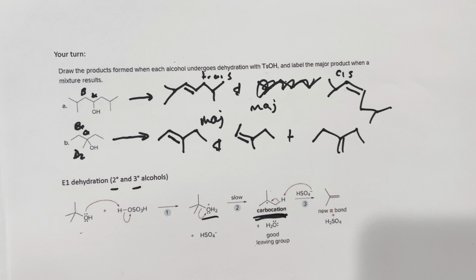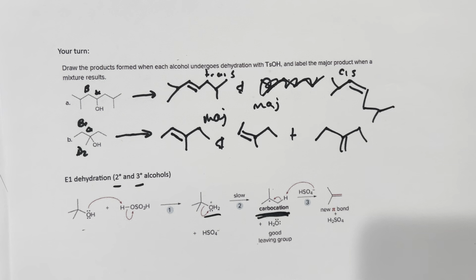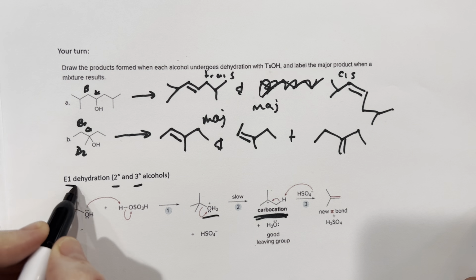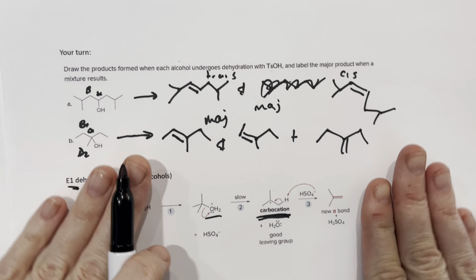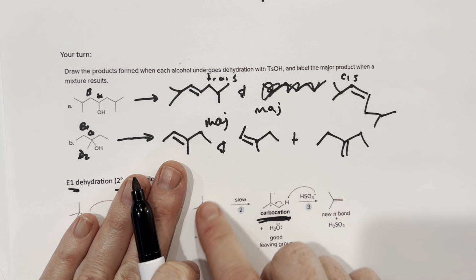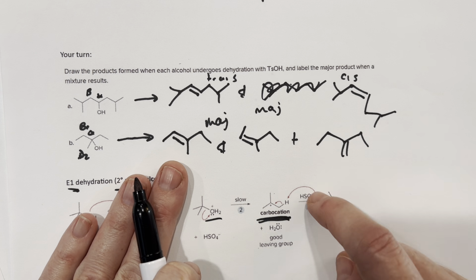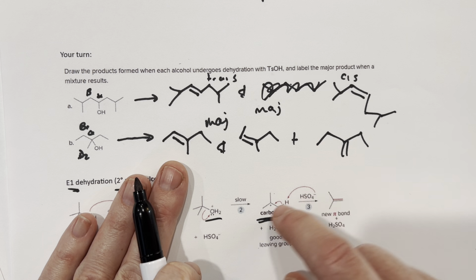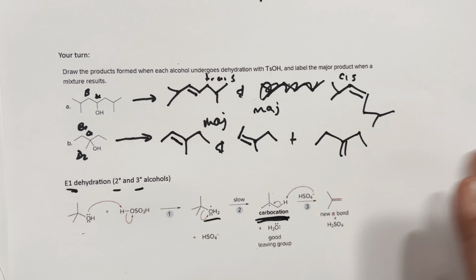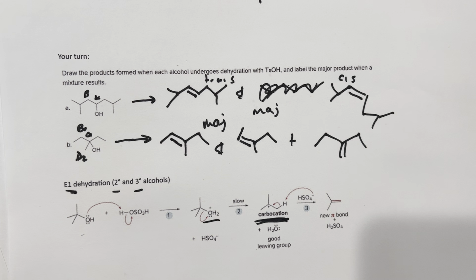Otherwise, it would still be positively charged. So secondary and tertiary alcohols will react via E1. You should recognize all of these steps: leaving group leaves, carbocation's there, a base grabs the H, and the double bond forms. Same exact thing we've already been doing. The only difference is this first step where you react it with a strong acid.